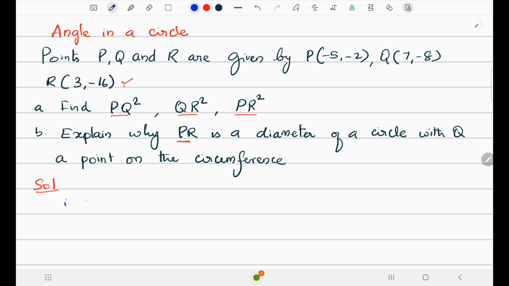The first one, we need to find PQ square. First of all, what is PQ? PQ is the distance between P and Q. What is the distance formula?